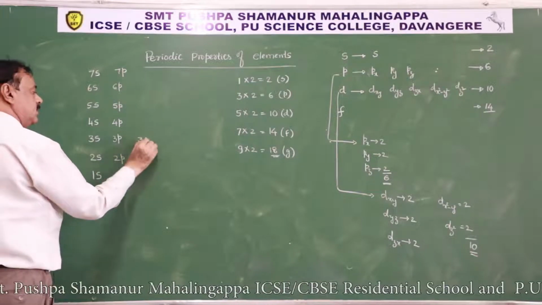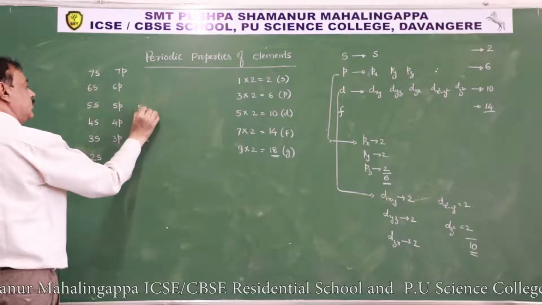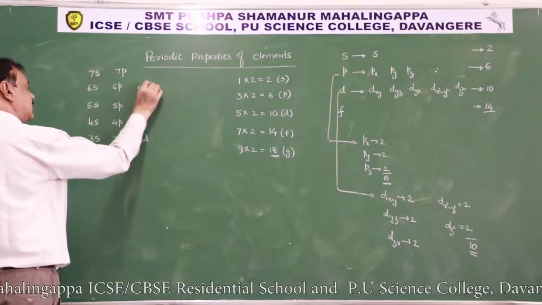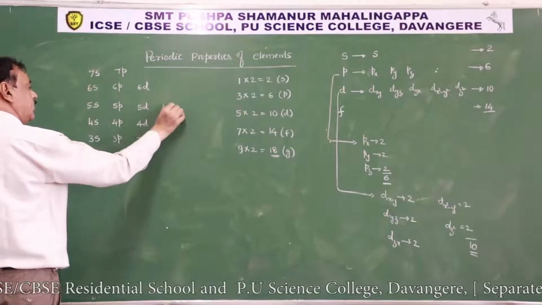Here we have 3d, 4d, 5d and 6d. There is a 4f and 5f.